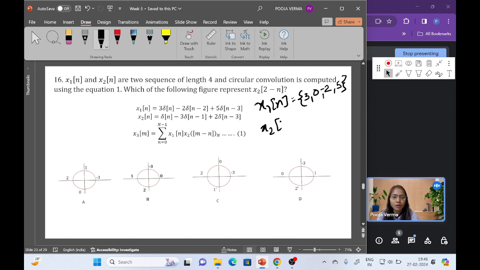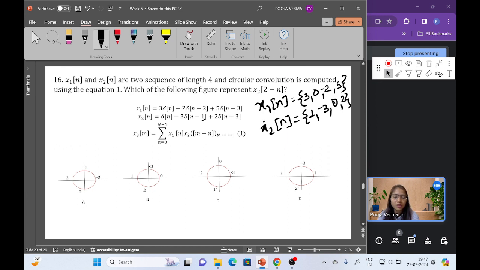Then we need to find out the sequence of x2 of n. So let's see. At n is equal to 0, the value is 1. At n is equal to 1, the value is -3. At n is equal to 2, there is nothing, so it will be 0 only. At n is equal to 3, the value is 2.